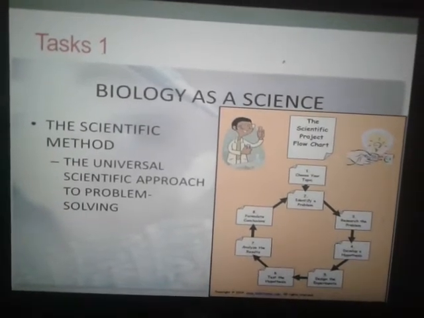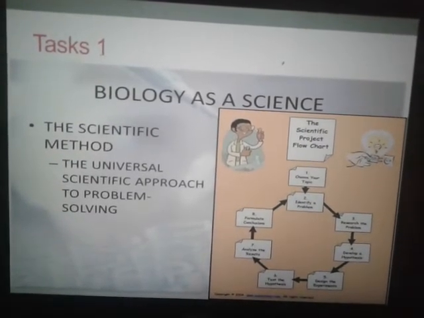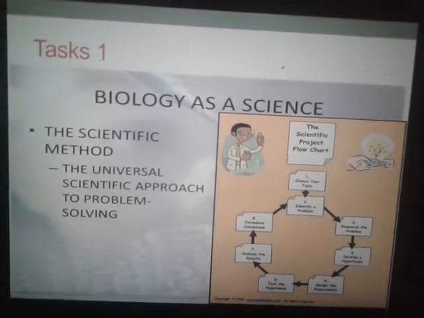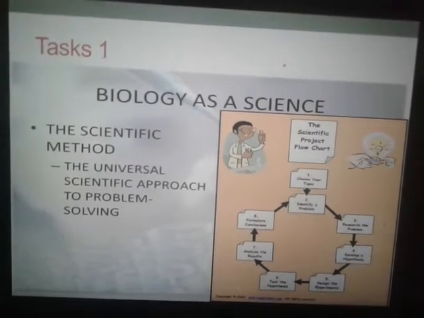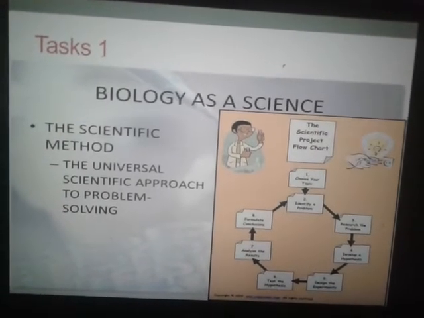Task 1. Biology as a science. The scientific method is the universal scientific approach to problem solving.